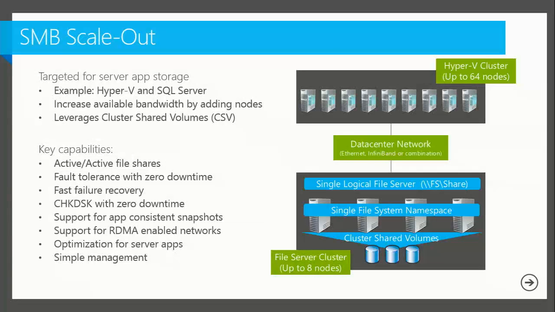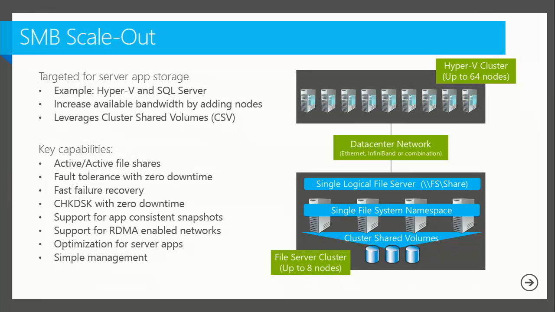We now have a single name. That single name, if you look in DNS, has the IP address of all the nodes in the cluster. And as the clients come in through DNS round robin, we will choose one of the nodes. If you have a lot of clients, let's say you have 100 Hyper-V hosts talking to this cluster, they will distribute across the physical nodes, and then you can pull that data from across the nodes.